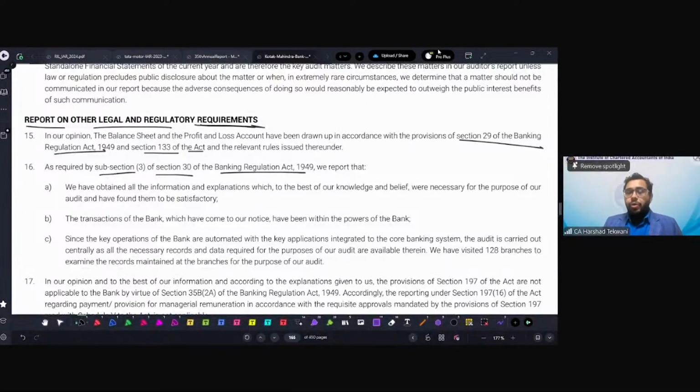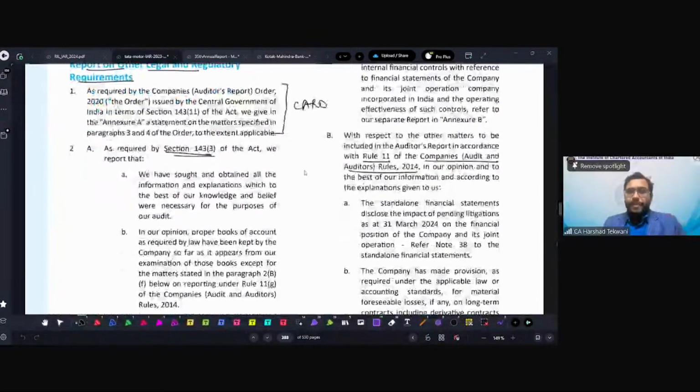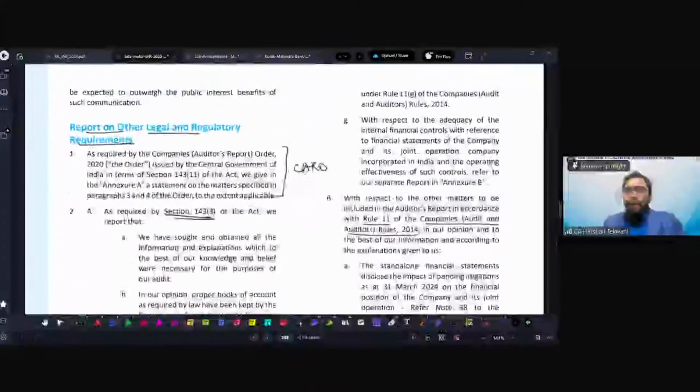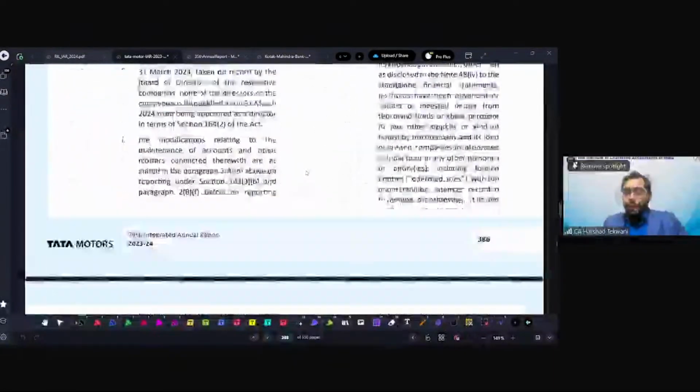So this is how the report on other legal and regulatory requirements section is there in your audit report. And that comes last. This particular section is the last section of your audit report, where you specify the legal and regulatory reporting requirements.